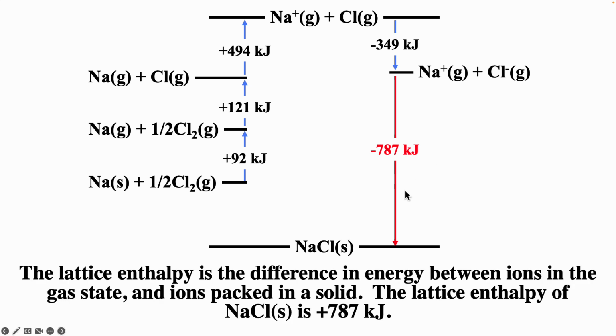Now the lattice enthalpy is when you're going from the sodium chloride solid to the gaseous ions. And so the lattice enthalpy would be a positive 787 kilojoules per mole. But in this example, we're going from the ions to the ionic solid. And the lattice enthalpy is important. It actually is a measure of the strength of all the ion-ion interactions.